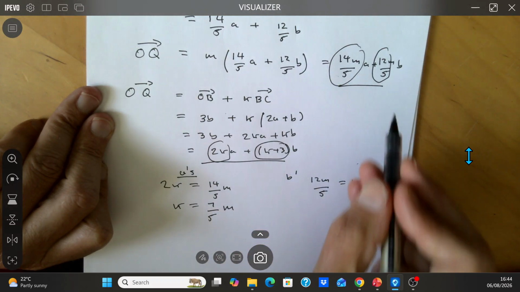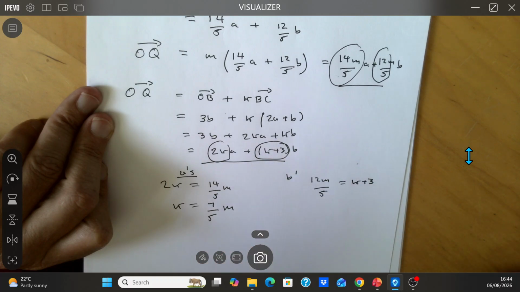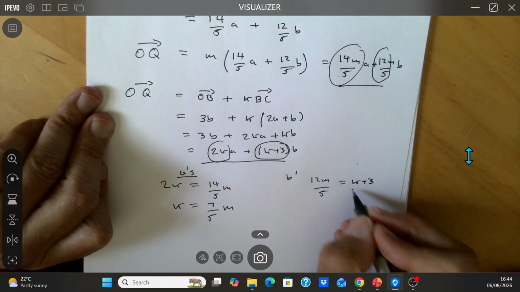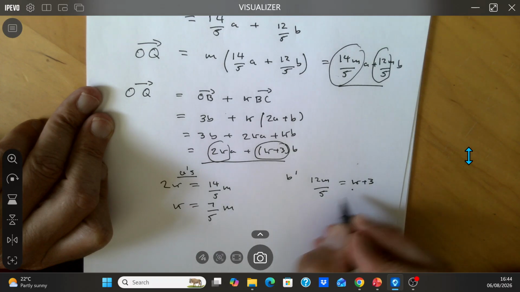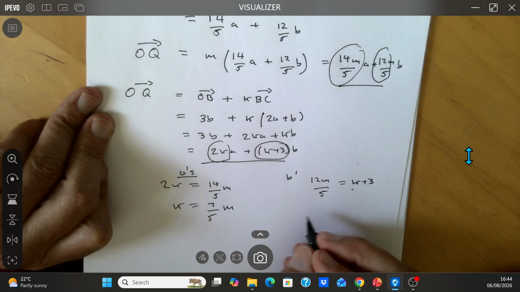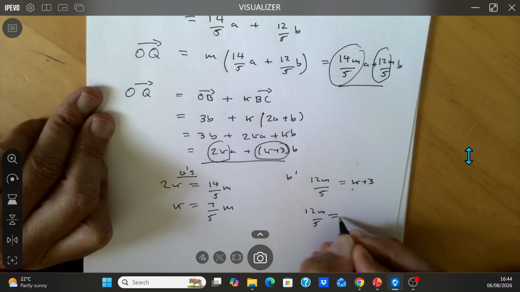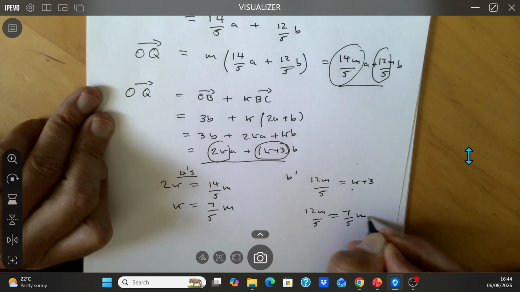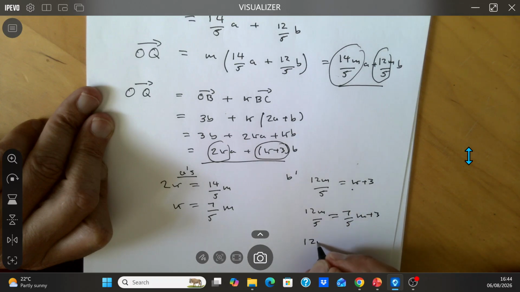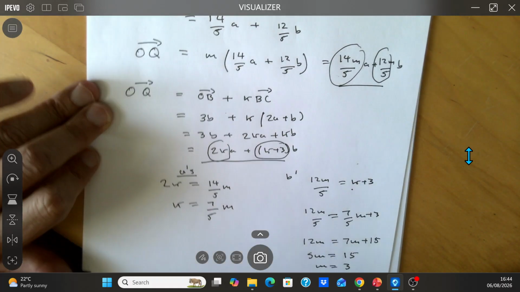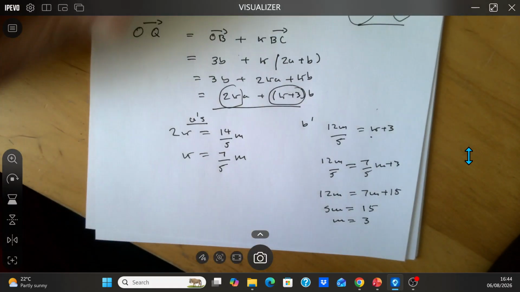In my exam I would not be circling those, because I'd want to keep them clear. Substituting K in, I get 12 over 5M equals 7 over 5M plus 3. So 12M equals 7M plus 15, so 5M equals 15. So M equals 3.